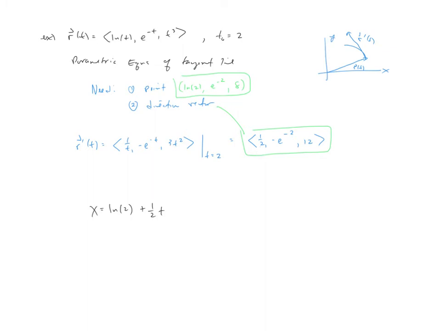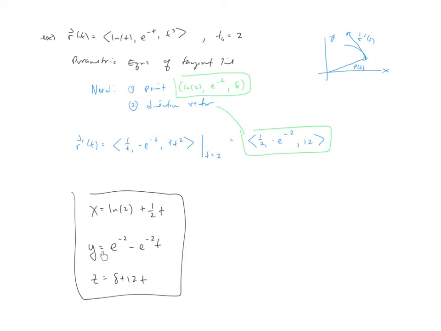And so now our y will be done similarly, where we have e to the negative 2 minus e to the negative 2 t, and then z would be the 8 plus 12t. So those would be the parametric equations of the tangent line to this curve at this point. And again, you can see that these are the coordinates of my point, followed by the components of my direction vector.